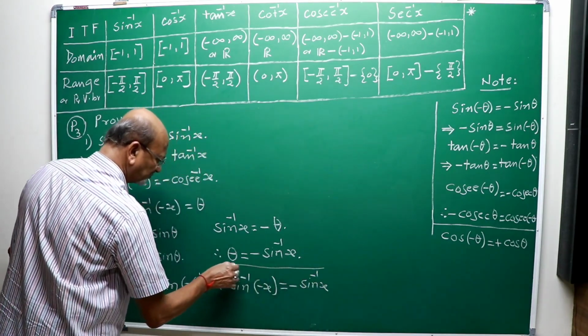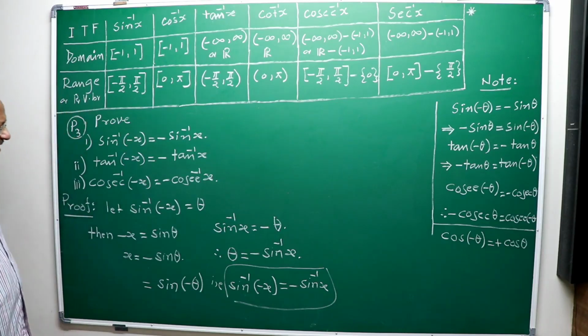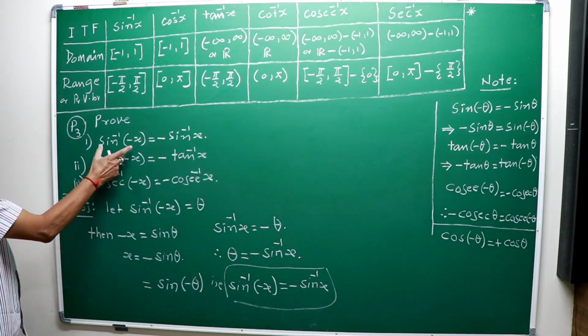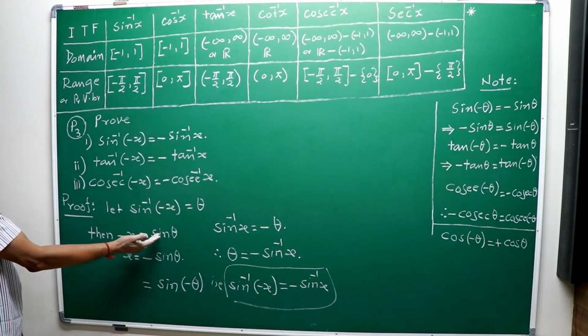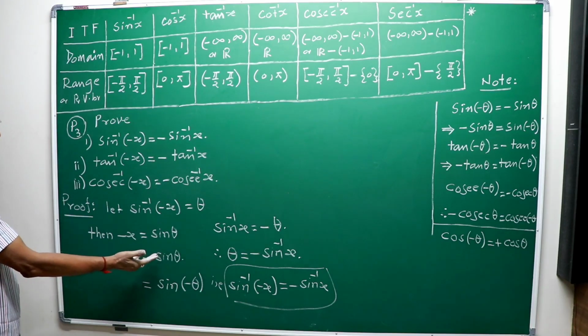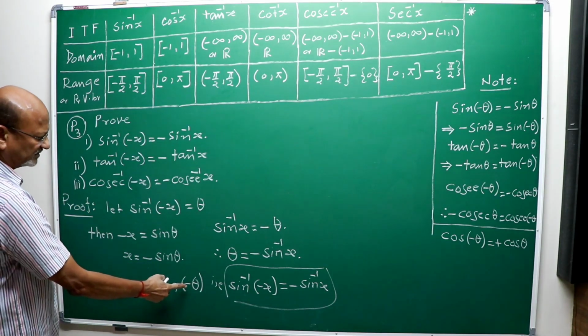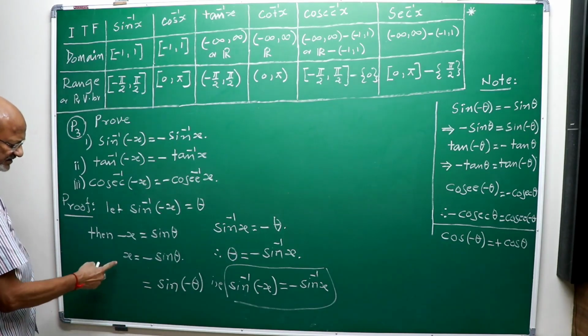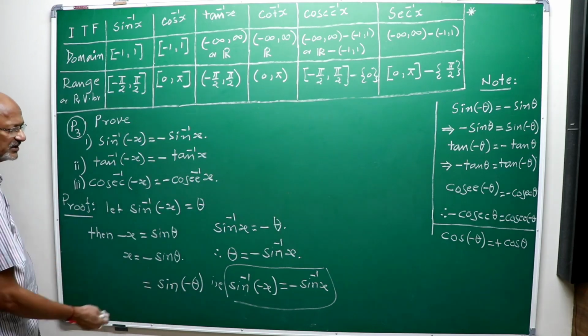Yes, friends. Is it correct? This was the first. Same for the second: let this equal theta. Taking sine on that side, minus x is sine theta, so x is minus sine theta. By making use of that property, this minus comes inside. Again taking the inverse, sine inverse x equals minus theta.